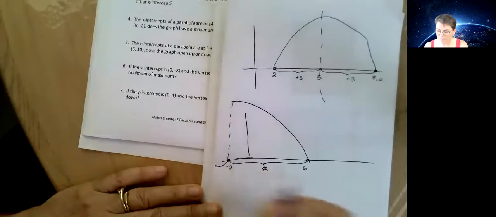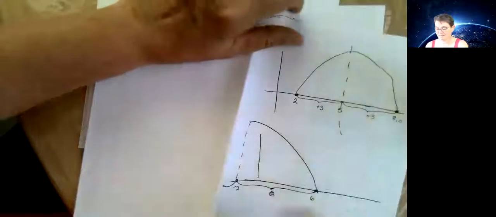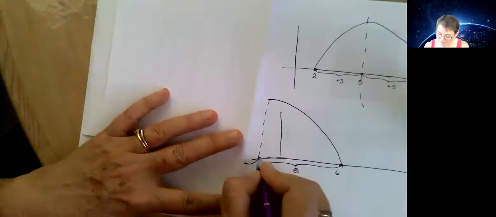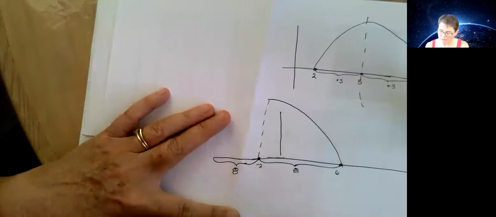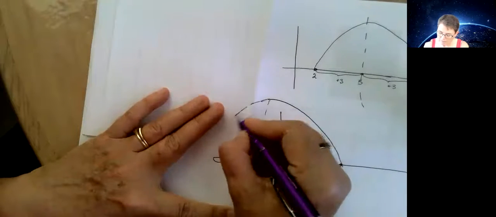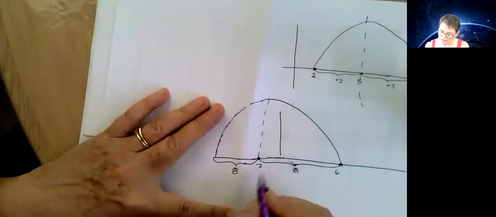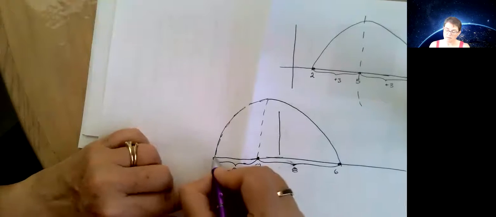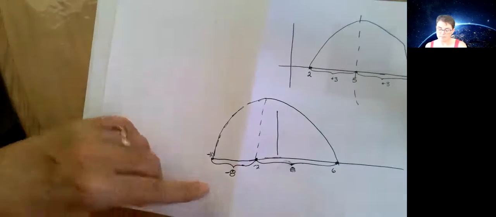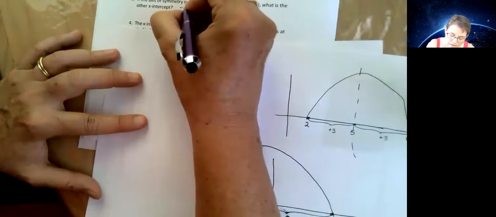That's 8, which means going this way, I must have to go 8 that way to get the other half of my parabola. So minus 2. Now, am I going to add 8 or subtract it? Well, I better subtract. So it's going to be minus 10. So minus 10, 0. I am a very visual learner, guys and gals.